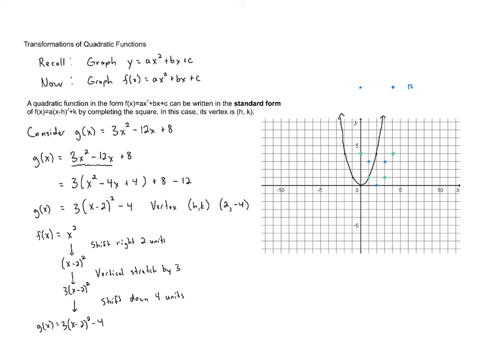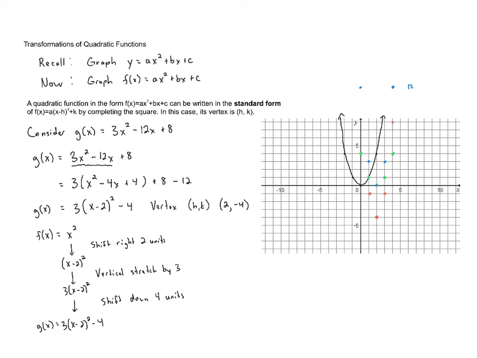Now we need to shift them all down 4 units. So this point here, when it goes down 4 units, is going to move here. These 2 points, when they shift down 4 units, are going to move here and here. And then these 2 points were at a height of 12. When we shift them down 4 units, that puts them at a height of 8.